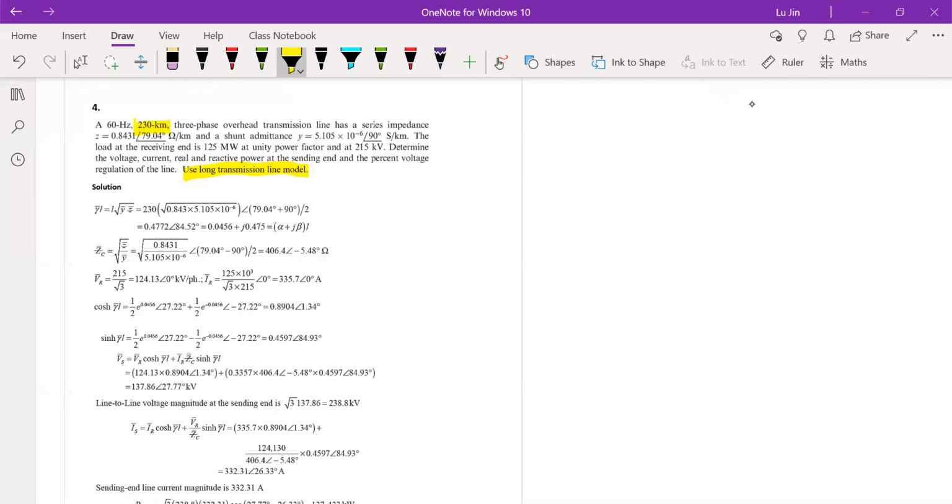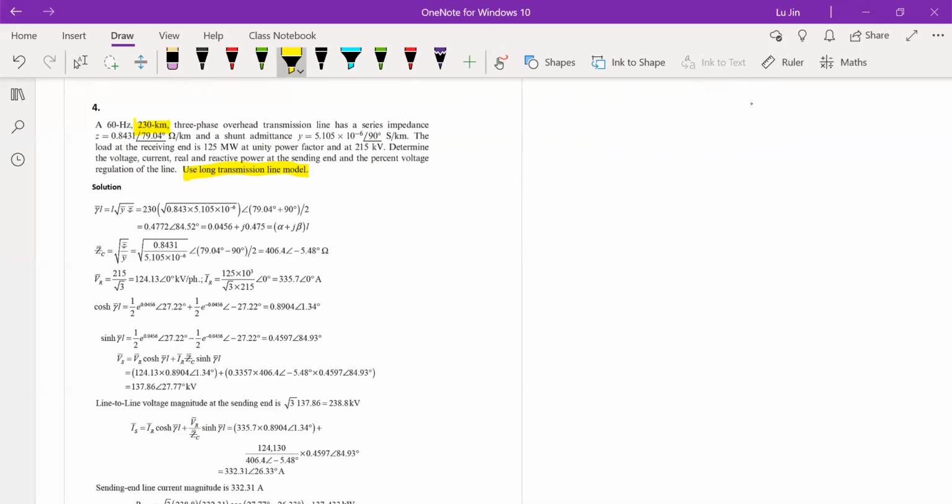So, long transmission model. For this transmission line, the impedance is 0.8431 with 79.04 degrees ohm per kilometer. This is the unit impedance. The shunt admittance is y equal to 5.1 by 10 power to negative 6 with 90 degrees Siemens per kilometer.